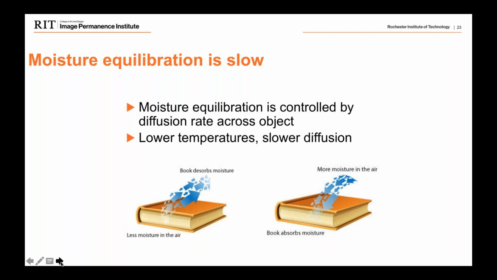It's controlled by this diffusion rate, and so it just goes slower. Additionally, lower temperatures are also going to slow that diffusion, and we've seen that response times at least double for every drop of 18 degrees Fahrenheit. So if you're taking an object from an exhibit and putting it back into cold storage, it's going to take much longer to reach moisture equilibration in the cold storage than it took in the exhibit space.